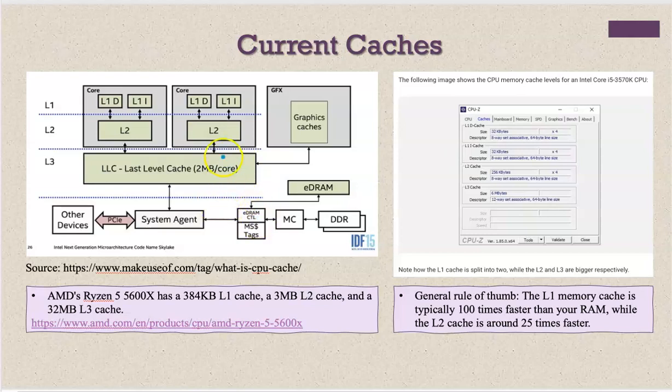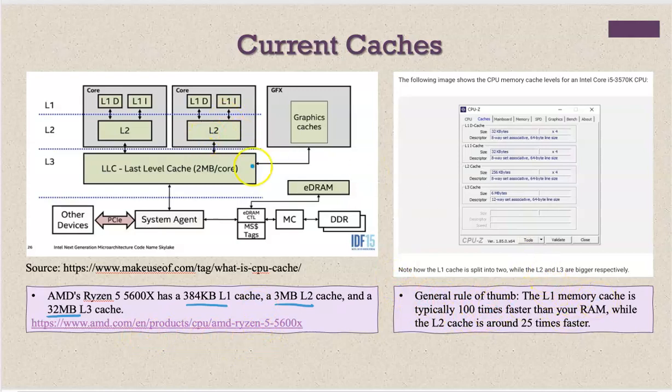This is AMD's Ryzen 5 5600X, which has a 384 kilobyte L1 cache, a 3 megabyte L2 cache, and a 32 megabyte L3 cache. Now this is quite fast considering 32 megabyte is quite big. You can refer more to this link if you want to read more on the AMD Ryzen 5 5600X.